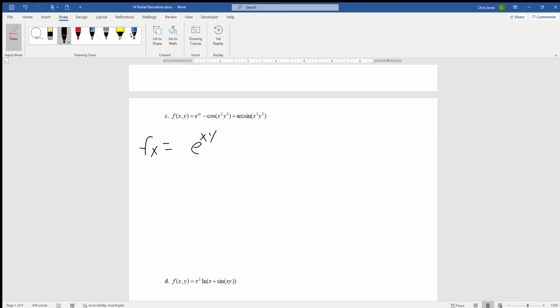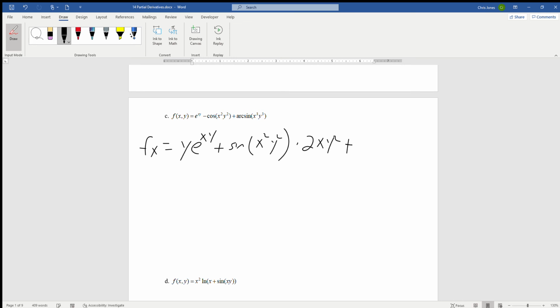And then the derivative of xy with respect to x is going to be 1y, or just y. Derivative of cosine is going to be a negative sine, so we have negative negative, which makes a positive sine. We're going to keep the interior function the same, and then the derivative of x squared y squared with respect to x is 2xy squared.